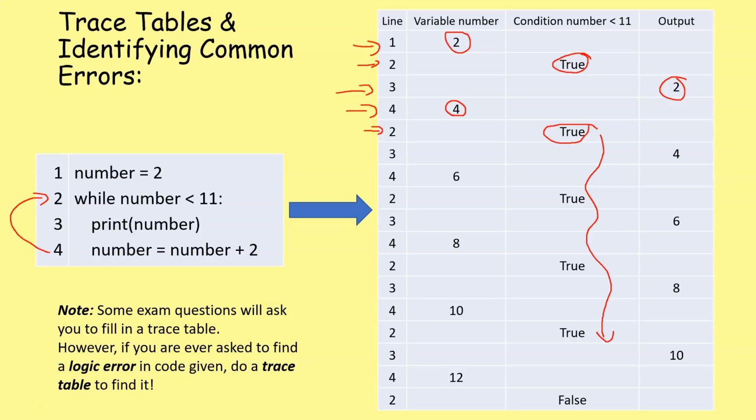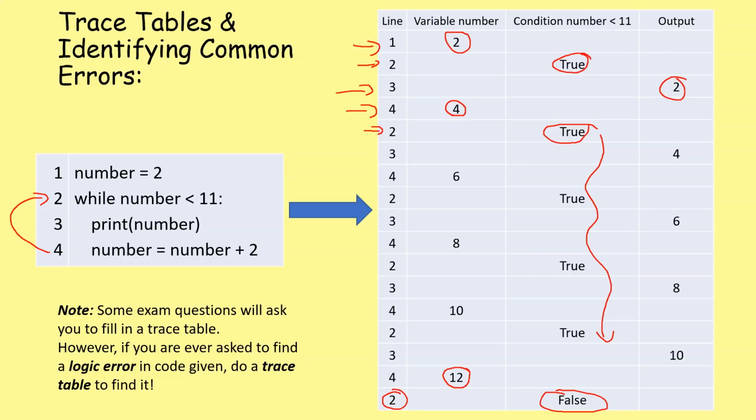Eventually, we're going to add 2 to number, and we get 12. Then we jump back to line 2, and we ask, is 12 less than 11? Actually, that's false, and we're going to exit that loop and continue with the rest of the program. In the case of this program, it'll finish. This is quite a complicated example, but just to show you how to create a trace table that you might have to do in your exam.